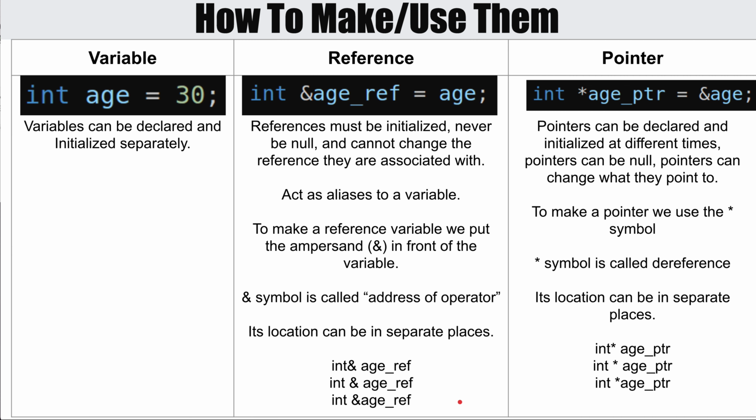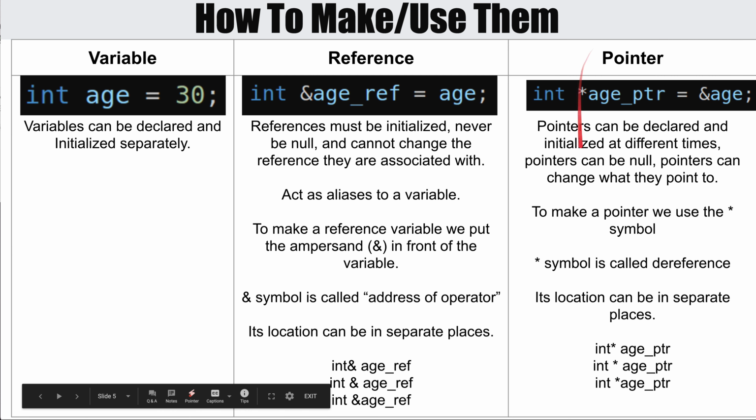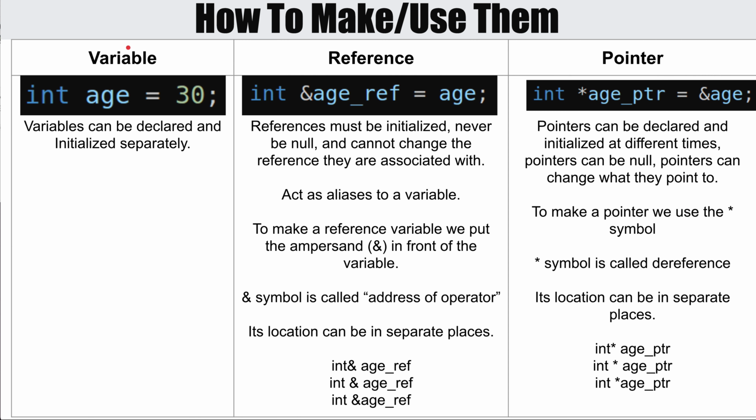Now let's break down a pointer. This is really going to be the focus of this lesson: using a reference to a variable to make a pointer. Pointers can be declared and initialized at different times, which means I can just write this first part and then later give it a value. Pointers can be null, and null is a special little value that means nothing. And pointers can change what they point to, which means I can give it a new value whenever I want to.